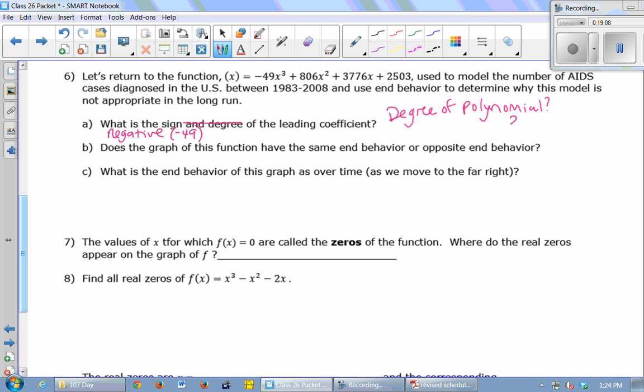3, good. So I have a negative leading coefficient and an odd degree polynomial, which means, does my function have same end behavior or opposite end behavior? Opposite, because it's odd degree. And what is the end behavior of this graph over time as we move to the far right?